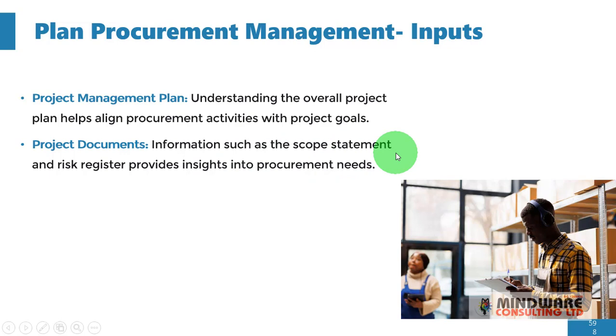The scope statement: what's the scope of the project? What does it entail? What are the boundaries? You need to know that. Then also the risk register. These are project documents which you have to have as inputs for your plan procurement management. They will help you in the planning process for your procurement.